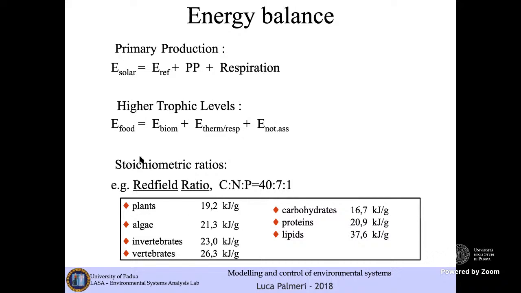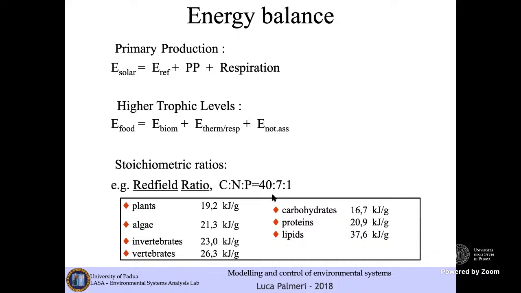I remind you that we have introduced some kind of stoichiometric coefficient that allows us to evaluate the energy content for different types of organic matter, like for example plant biomass, algae, vertebrate biomass, and so on.